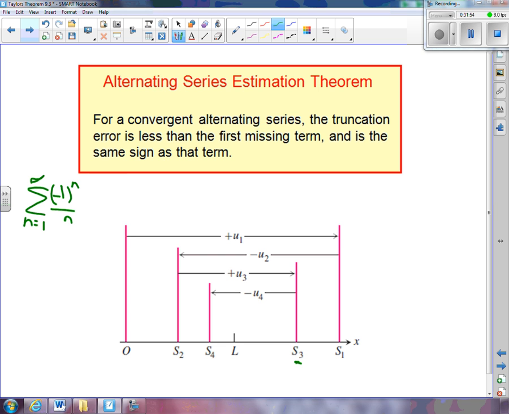So I'm going to subtract, but I'm not going to get past S sub 2. Then I'm going to add, and the next term would bring me somewhere here, but S sub 5 isn't going to be bigger than S sub 3. And that's how I'm going to zero in on my limit.